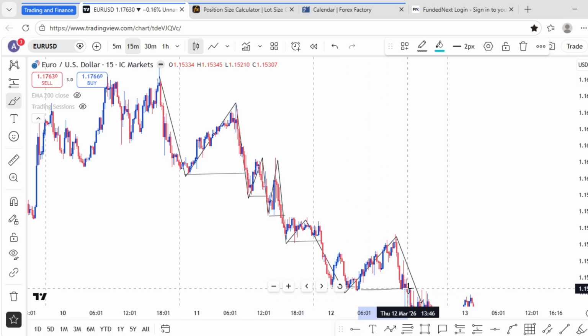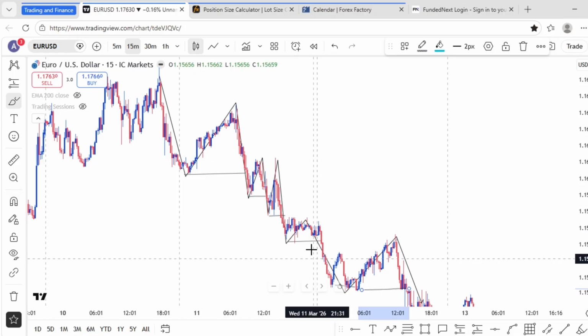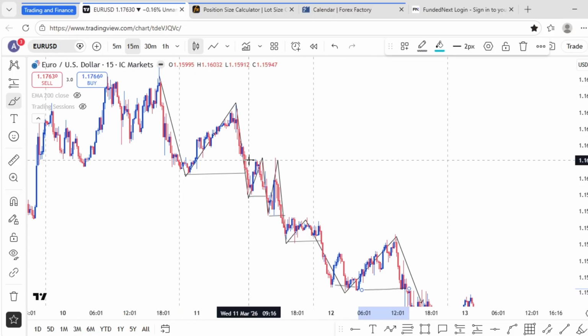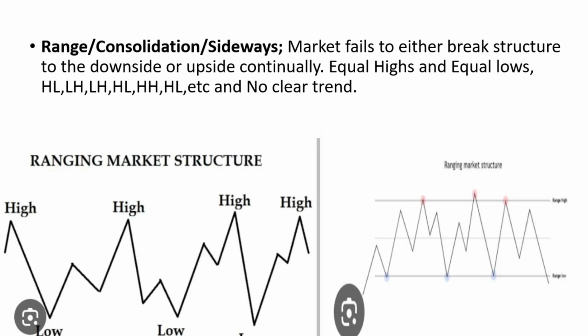We are breaking structure to the downside. So as a trader, you want to be selling in this kind of market. You don't want to be buying when the market is going down. Okay, that's a bearish market structure or a downtrend market structure.